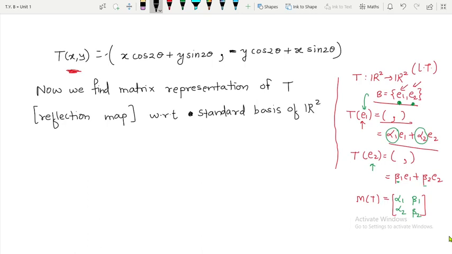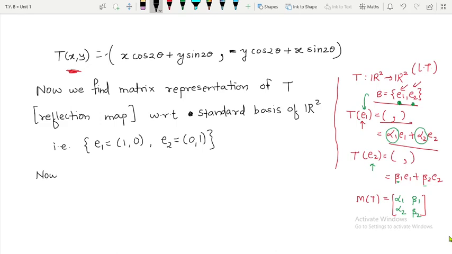And what is that basis? That is nothing but the set E1 equal to (1, 0) and E2 equal to (0, 1). Okay, so let us find T of E1 and T of E2 then.